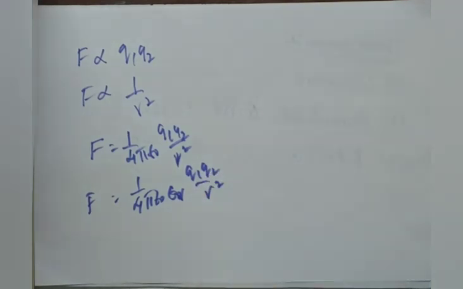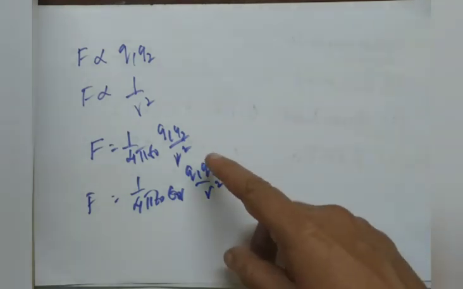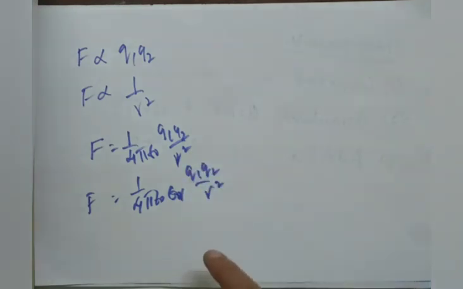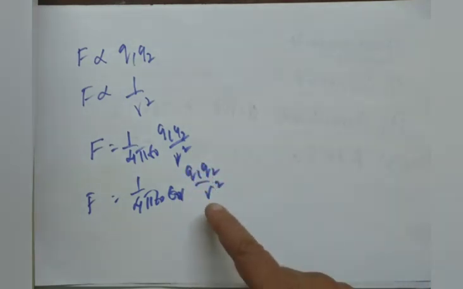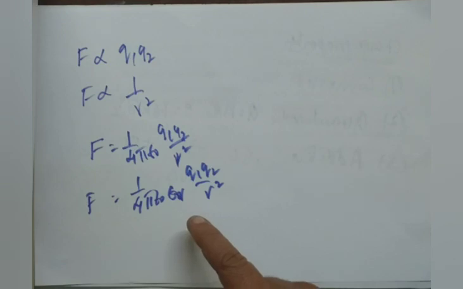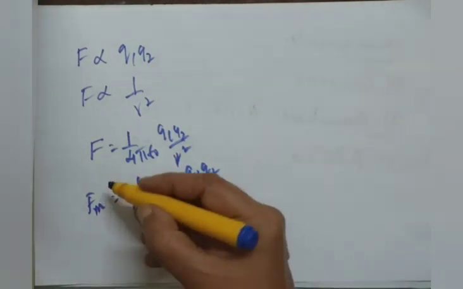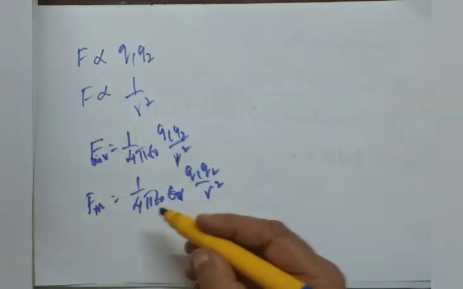And not only this, observe, when it is in air, the force is maximum. For the same distance of separation, in the medium the force is always less. That means F medium is always less compared to F air.